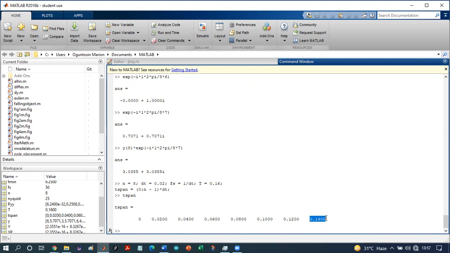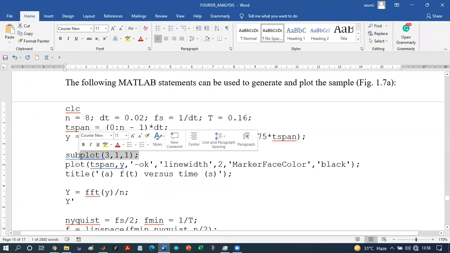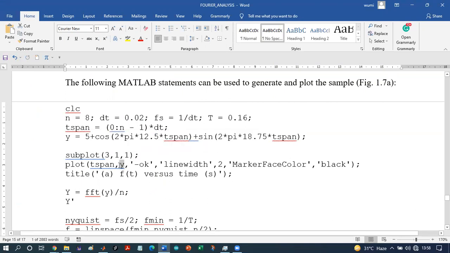So you are ending at 0.14, then in steps of 0.02. So that's what this span is all about. Then this is to plot. So we want to plot the time as a function of y.